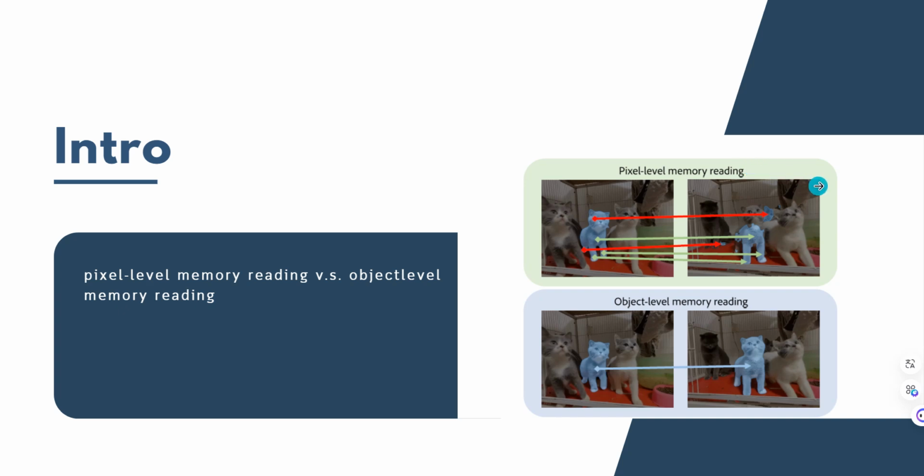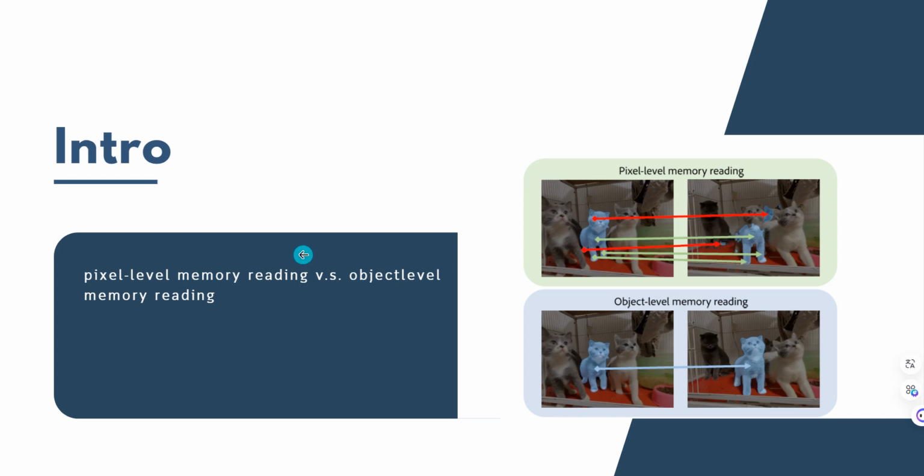Okay, that's the intro. In traditional object tracking, the method uses every pixel as a unit, using a pixel to match the next frame's pixel for tracking. But it has the problem of noise and accuracy.